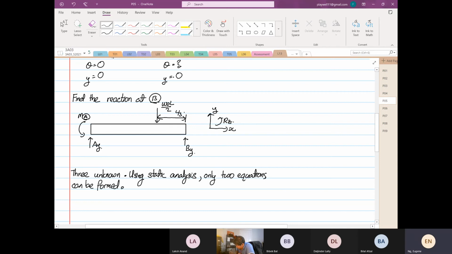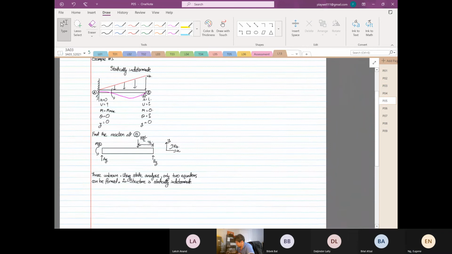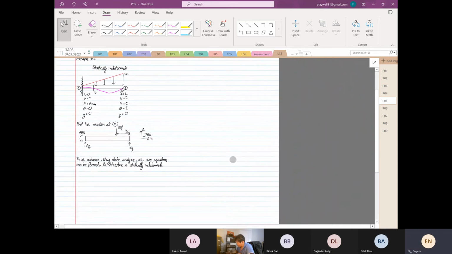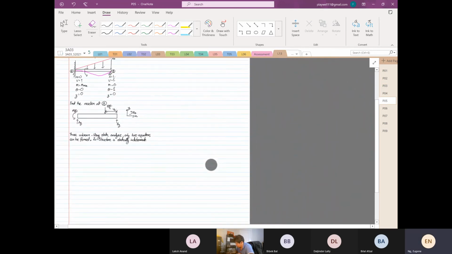Right? So just to recap, therefore the structure is statically indeterminate. Okay, right? So you cannot solve three unknowns with two equations.